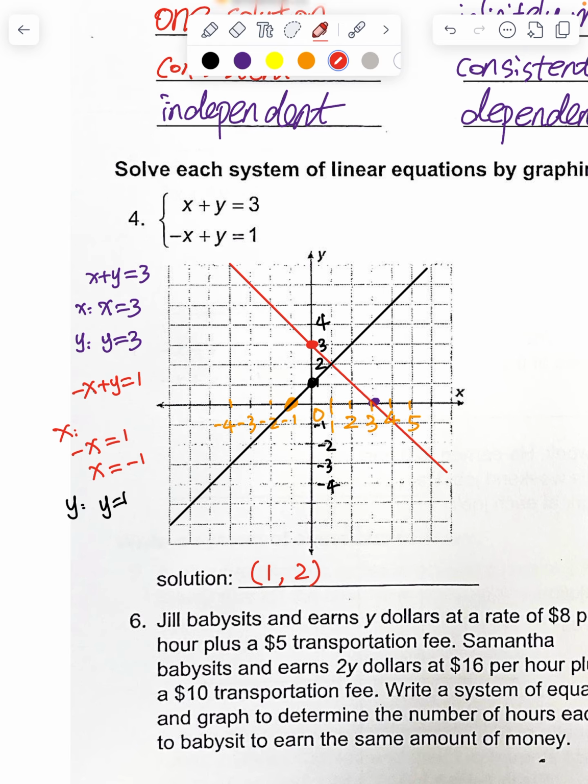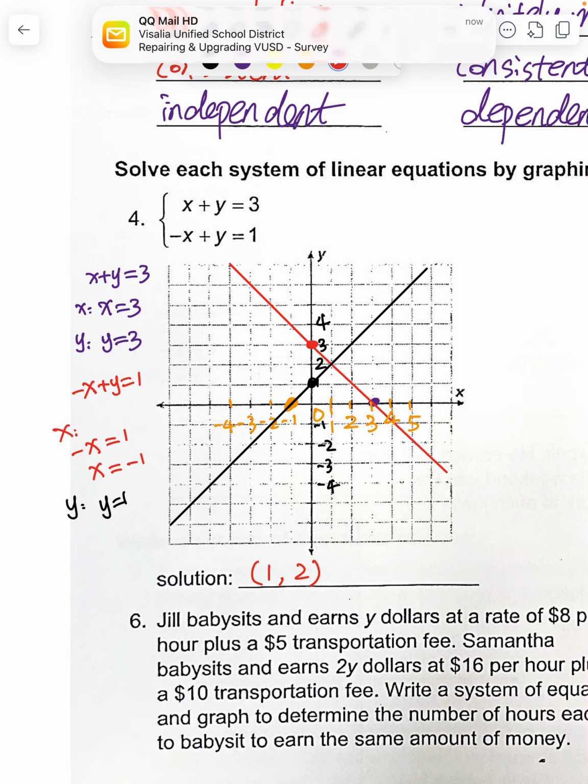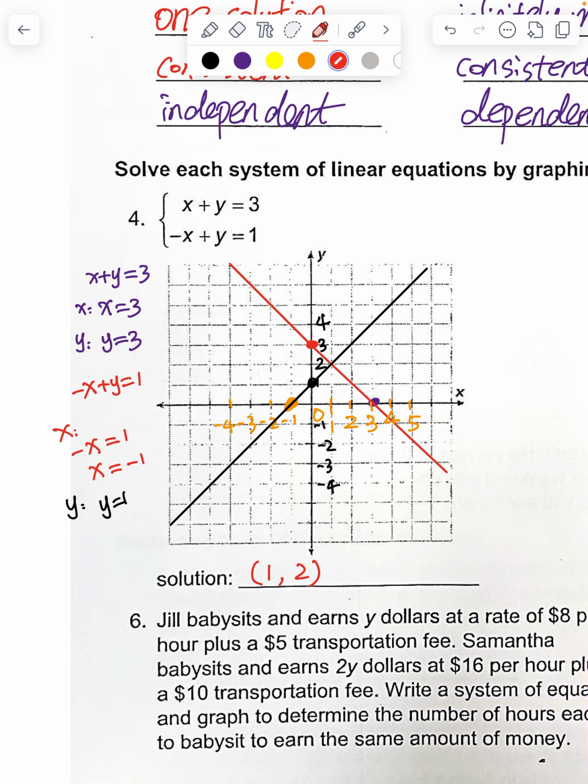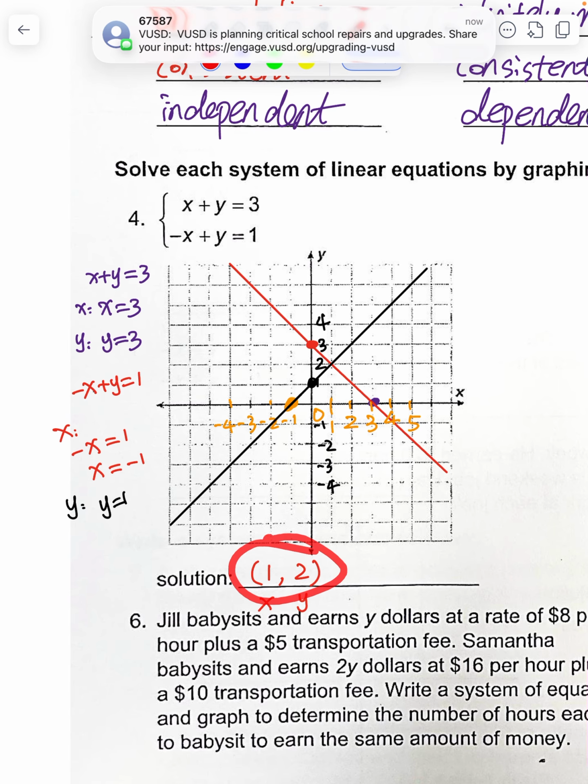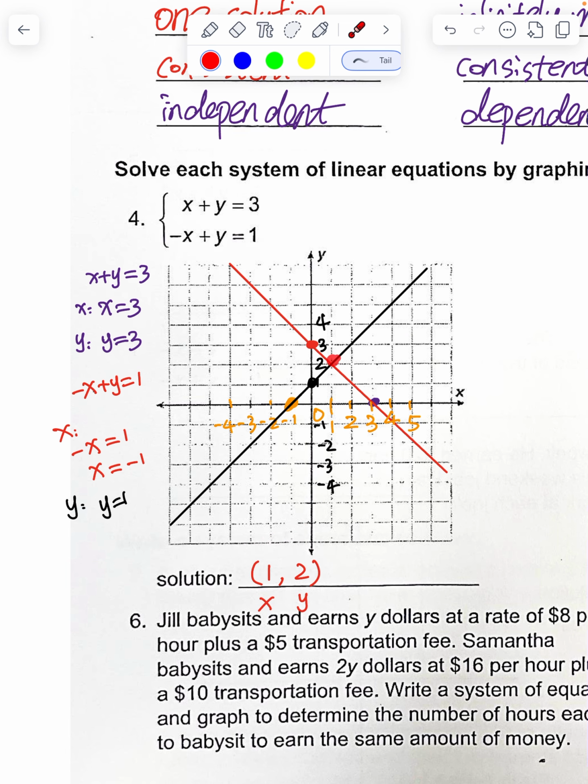We use parentheses. And the first value is always x. The second value is always the y coordinate. So the solution is the x and the y coordinates of this point. This point is the solution of the system.